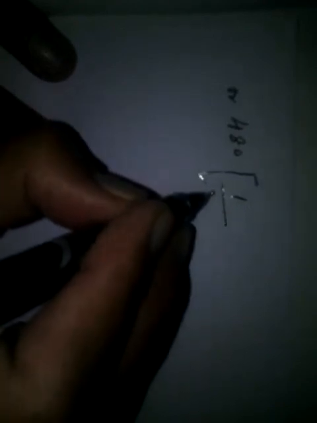This will further give us 480 within the bracket 1 over x minus 8 minus 1 by x is equal to 3.